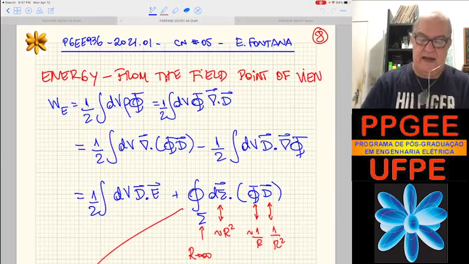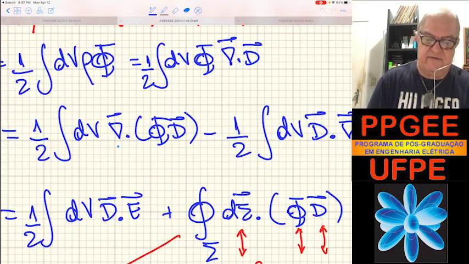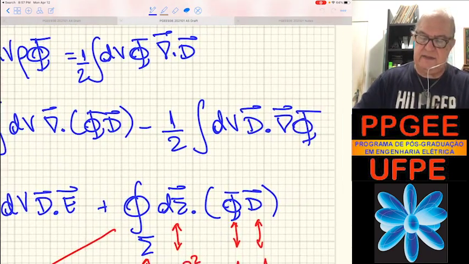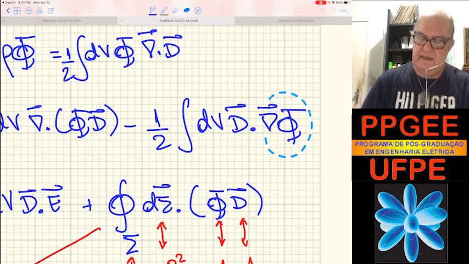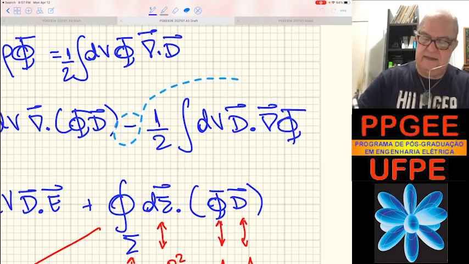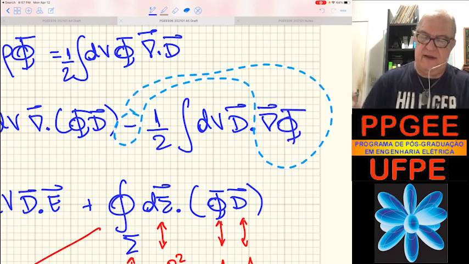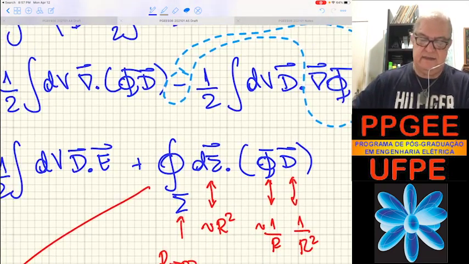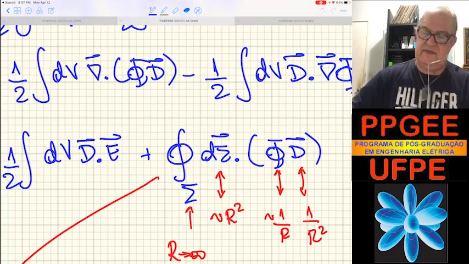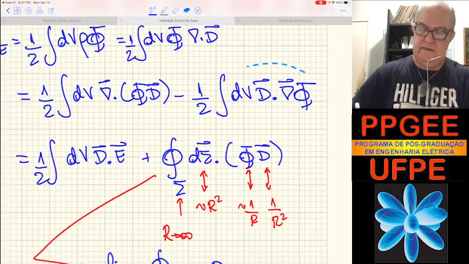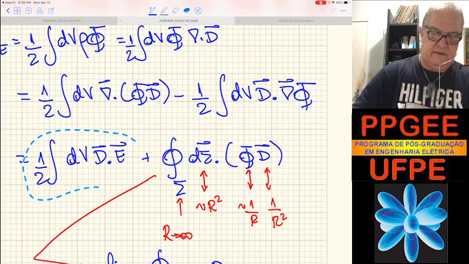So that's what we got right there. Divergence of phi times D, minus D dot nabla of phi. This volume integral here becomes this term here.